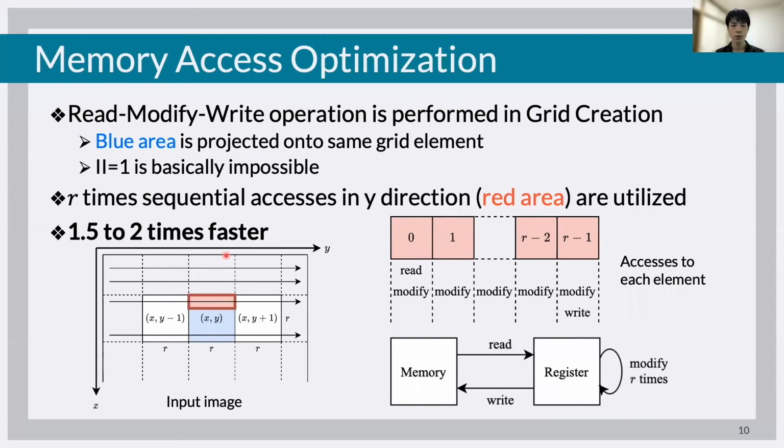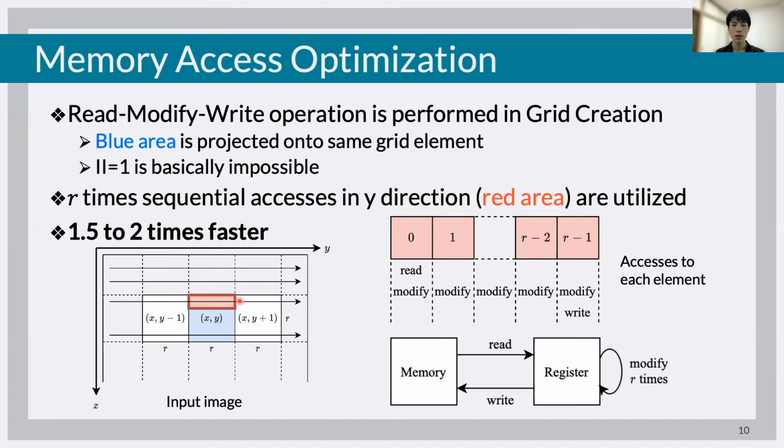First, the blue squared area in the input image is stored in a grid element with the same x and y coordinates. So the element is updated many times. Here, because input is loaded as the arrows show, the red areas come in continuously.